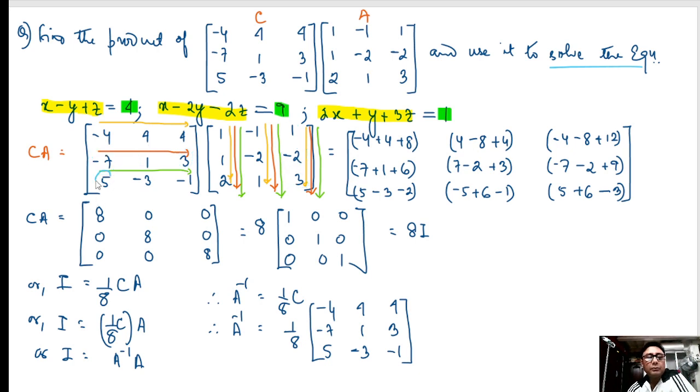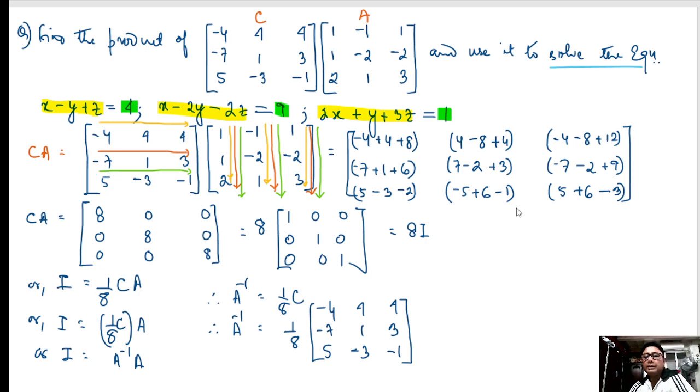And now we will do 5 into 1 plus minus 3 into 1 plus minus 1 into 2, which is this part. And now 5 into minus 1 plus minus 3 into minus 2 plus minus 1 into 1, which is this part. And now 5 into 1 plus minus 3 into minus 2 plus minus 1 into 3, which is this.